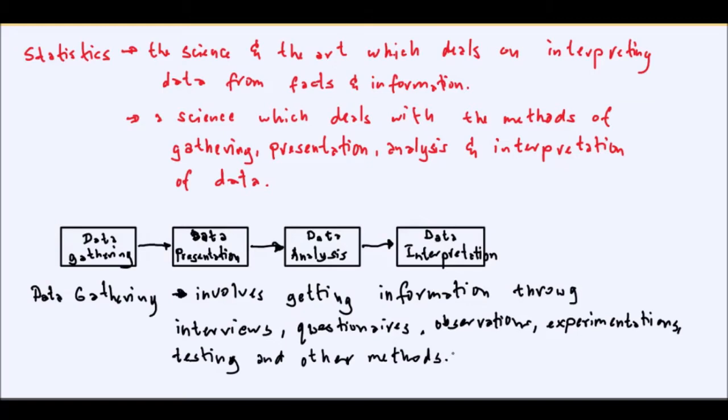Okay, so data gathering involves getting information through interviews, questionnaires, observations, experimentation, testing, and other methods. So basically, we are trying to gather data. So there are methods of that, which involves interviews.